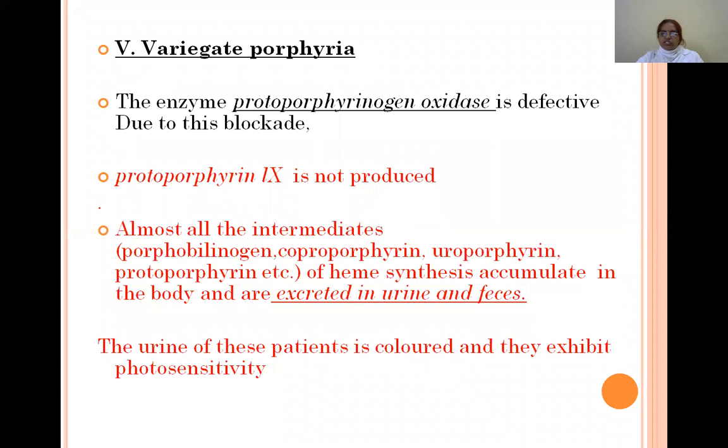All the intermediates of heme synthesis accumulate in the body and are excreted in urine and feces: porphobilinogen, coproporphyrin, uroporphyrin, and protoporphyrin. The urine of these patients is colored and they exhibit photosensitivity.